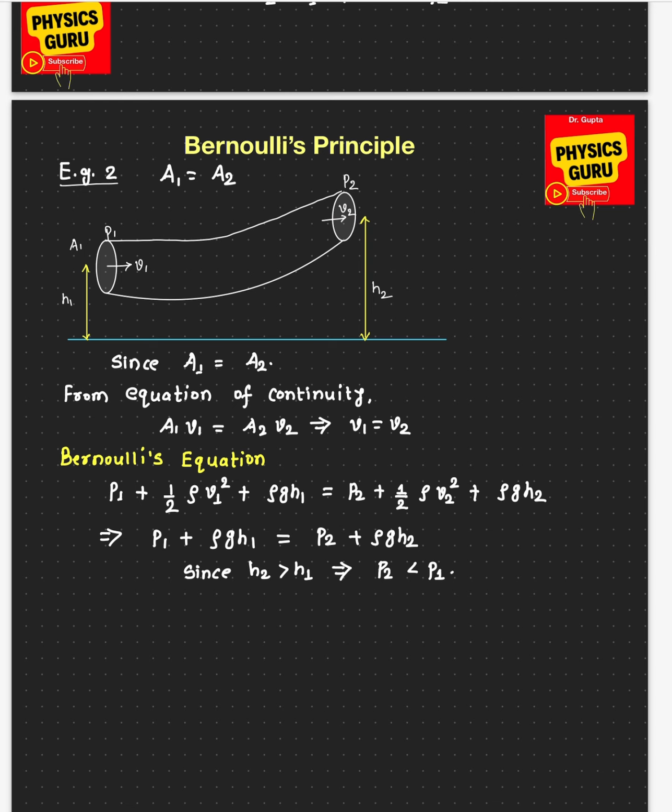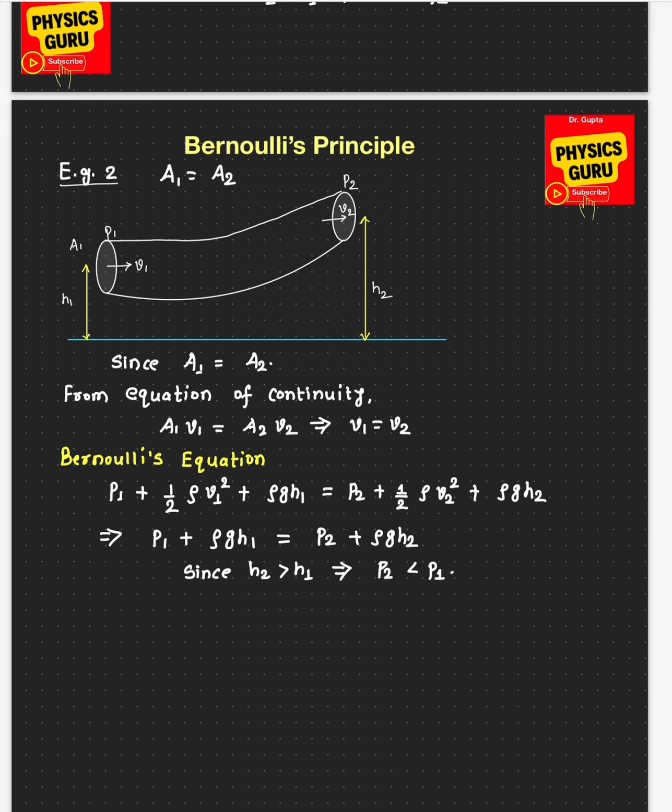In this case, the velocity is the same, but the pressure is smaller, and this happens because the gravitational potential energy is greater. So the Bernoulli equation relates the gravitational potential energy, kinetic energy, and the pressure.